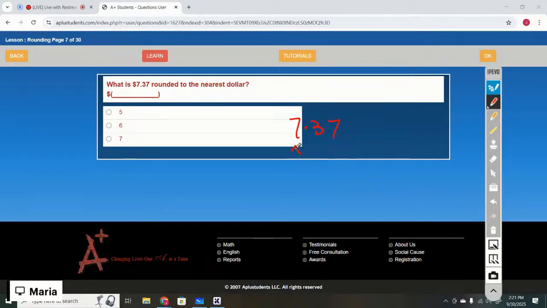Right next to the decimal point we have 3. 3 is less than 5, so you need to round down to the same dollar, the same digit, so that would be 7.00.